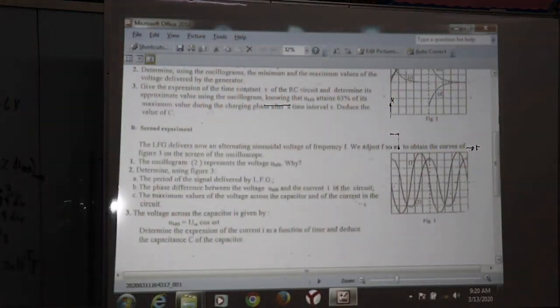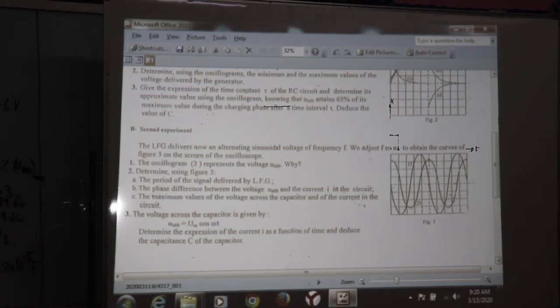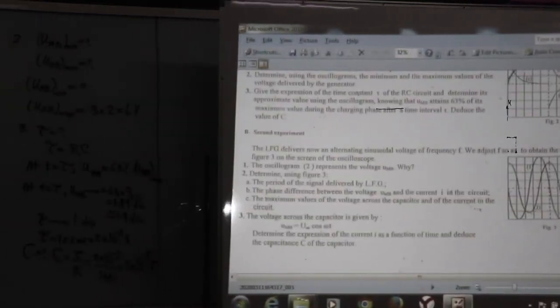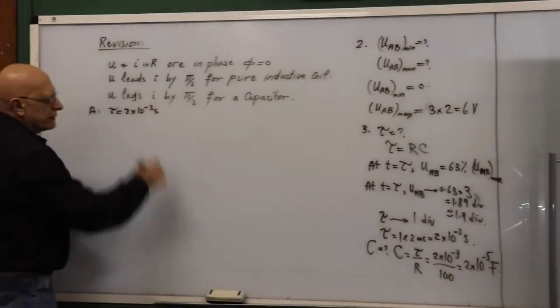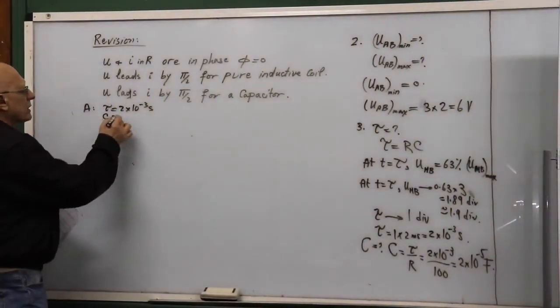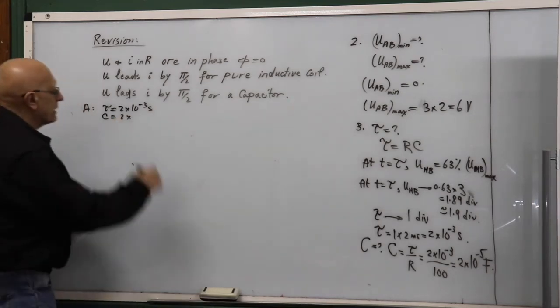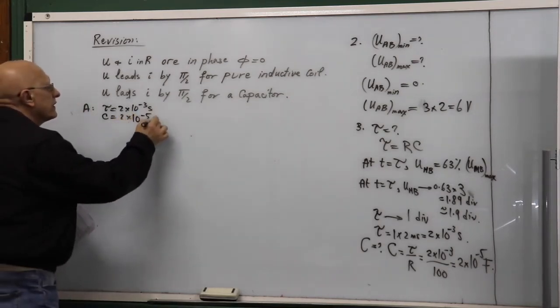So instead of using a square voltage, we are going to use a sinusoidal one. So in part A, we get tau equal 2 times 10 power minus 3 seconds, and C equal 2 times 10 power minus 5 farad.